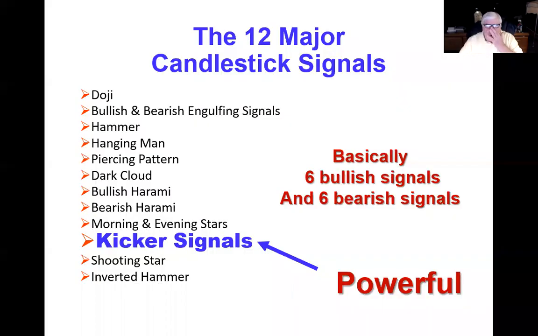And the 12 major signals are very easy to identify because if you go through past charts, you will find a high probability that when you see a reversal at the top or a reversal at the bottom, you're going to find one of these 12 major reversal signals, which basically boils down to 6 bullish signals and 6 bearish signals. We're going to be looking at the most powerful one, the kicker signal.